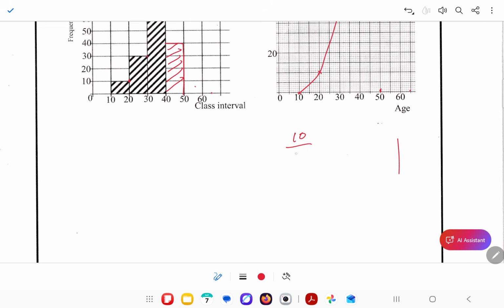So you have to do 10 over 1.5, which is about 6.6, so 2/3 of the length.